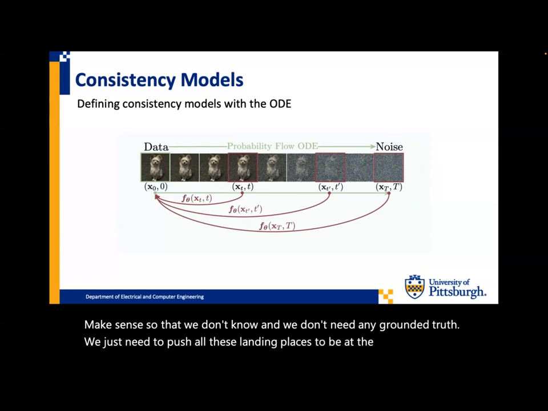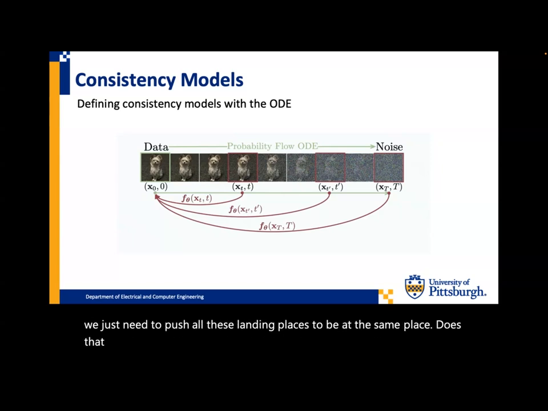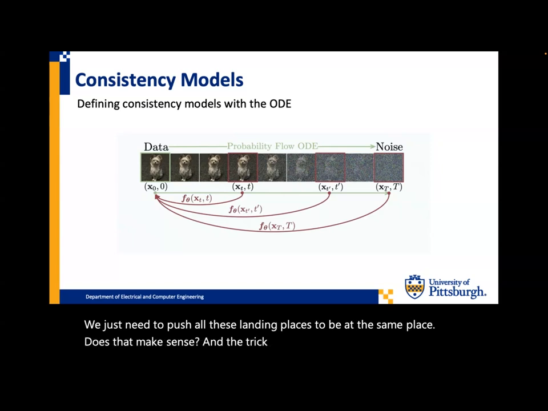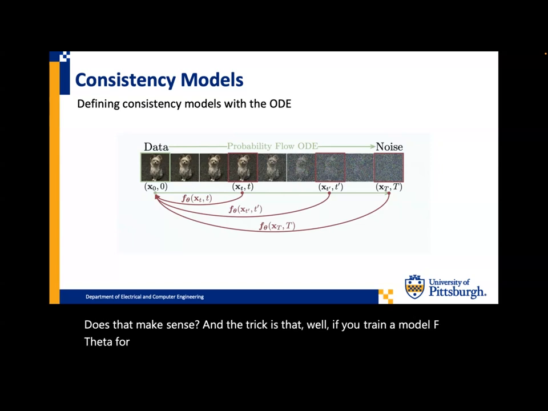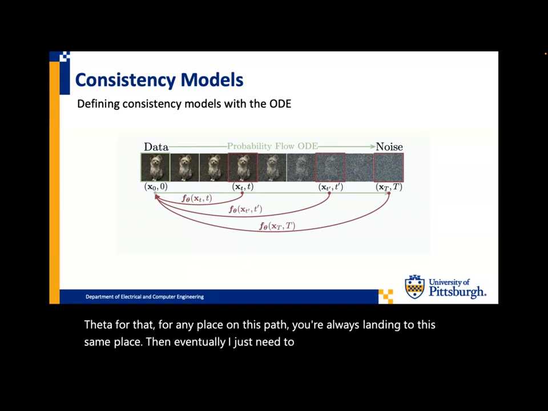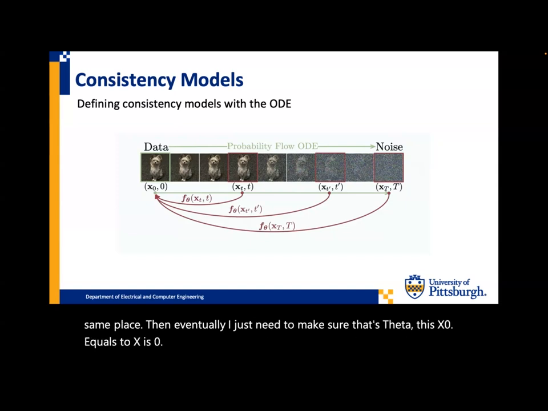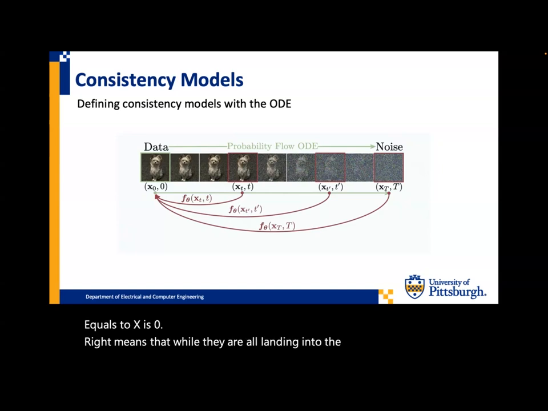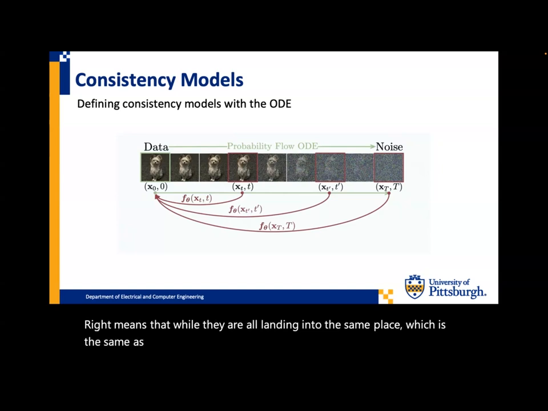Does that make sense? And the trick is that if you train a model, f theta, such that for any place on this path you always land in this same place, then eventually I just need to make sure that f theta of x0 equals x0. That means they are all landing in the same place, which is the same as the original image.